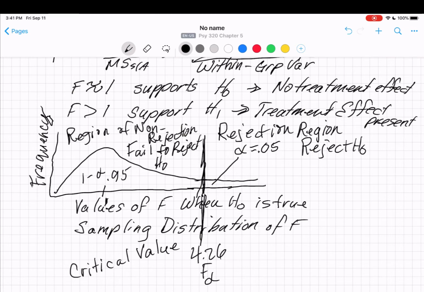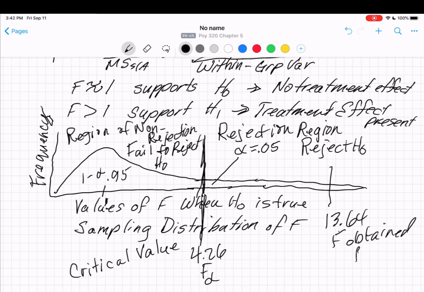Okay, so if we think back to what we did in Chapter 4 when we calculated our F value, it was actually 13.64. So our F value is actually way out here. 13.64 would be our F obtained from our data. And so that's clearly larger than 4.26.